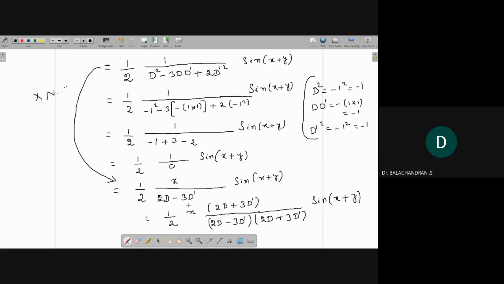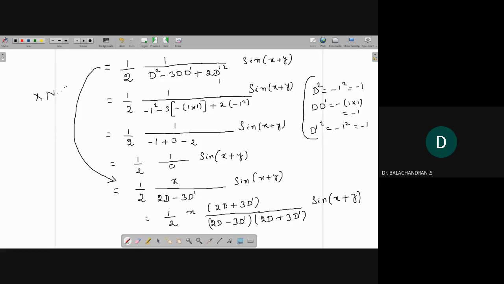Okay, for example, if we have 2d minus 3d dash, we should multiply and divide by 2d plus 3d dash. So make the denominator in the form of d square and d dash square. So multiply and divide by this term.